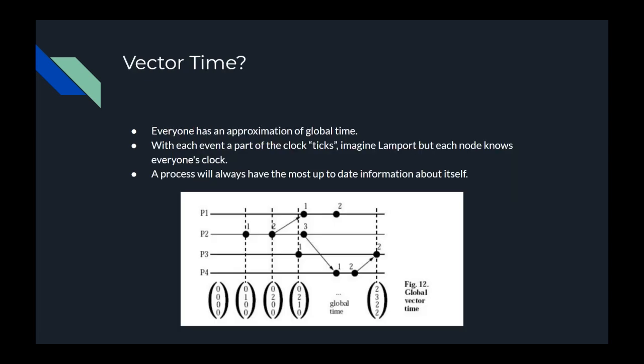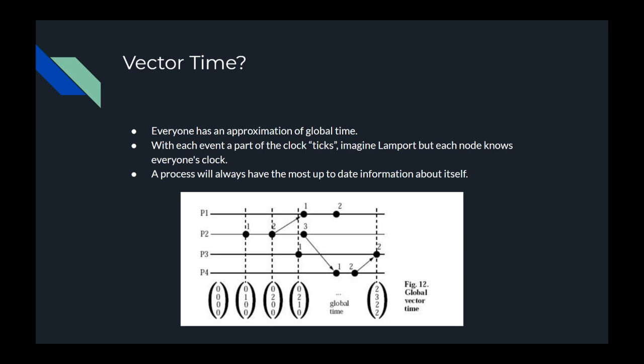So vector time, right? As in Lamport's original scheme, each message gets a piggybacked timestamp consisting of a vector of the local clock. By receiving a timestamp message, a process gets some knowledge about the other process's global time approximation, and the receiver combines it with its own knowledge about global time.